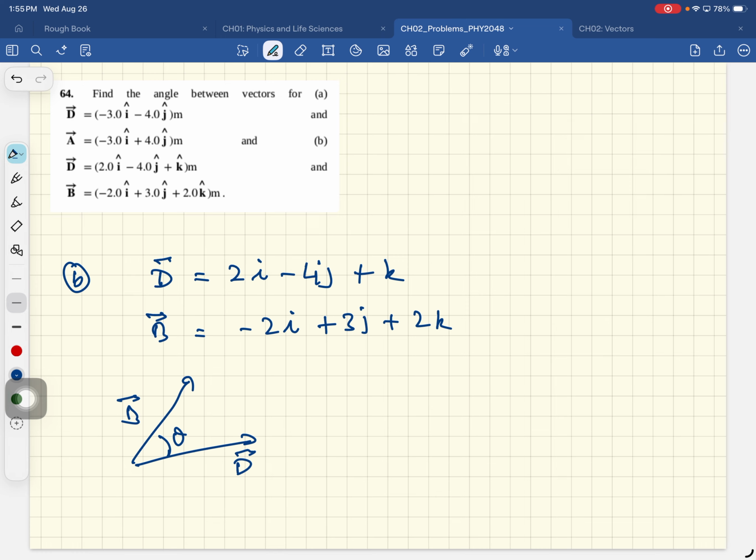Here's C that is three-dimensional. So let's find A cross C.